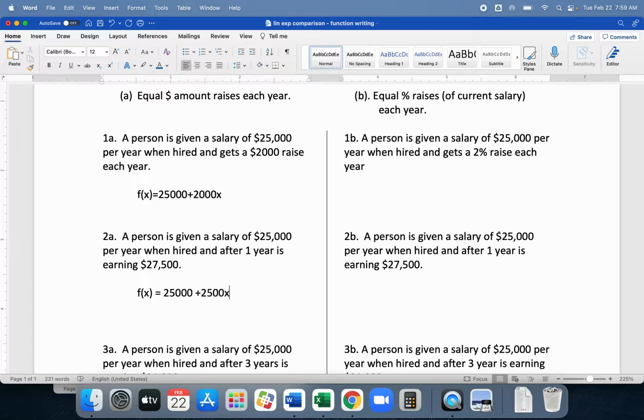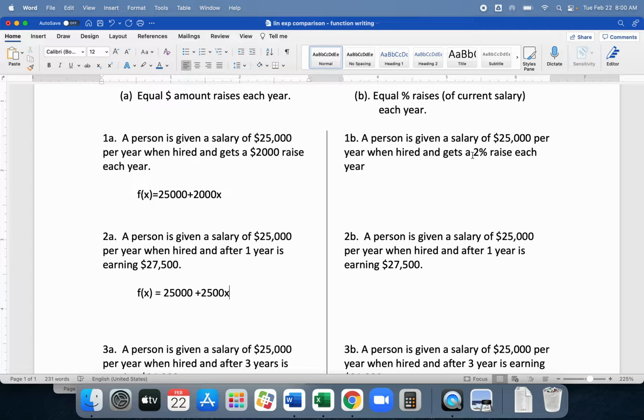Now, I'm going to skip over to the B column. I know I asked you to do all of column A first. But comparatively speaking, we have the same sorts of information needed for these problems, kind of, for 1B versus 2B, just like 1A versus 2A. They both give us a starting amount.